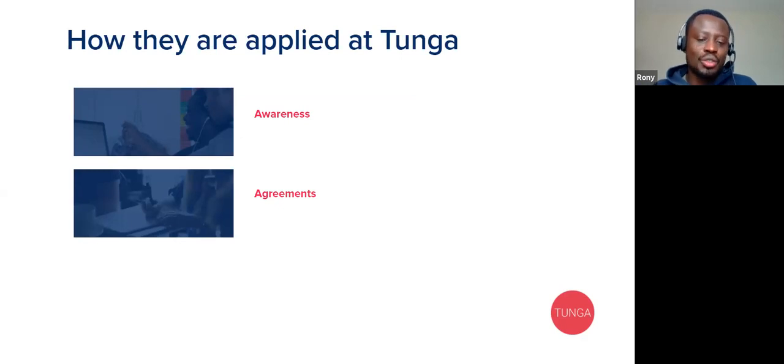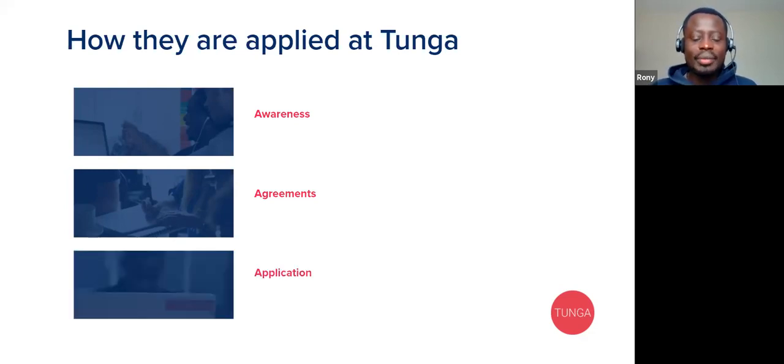How we do that at Tunga is, people of course submit these results, and then during the onboarding process they agree to them and say, yes, this is something that we can do, and they can also articulate it. Then we go ahead and apply these guidelines during the progress of the project.